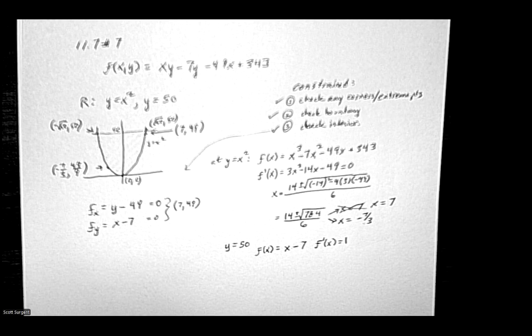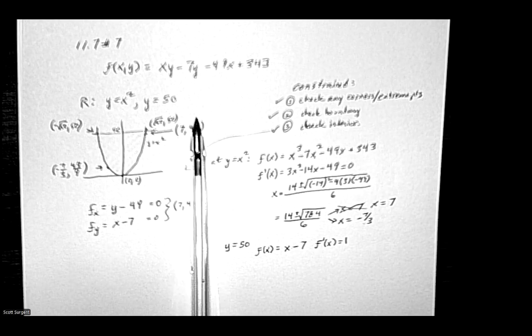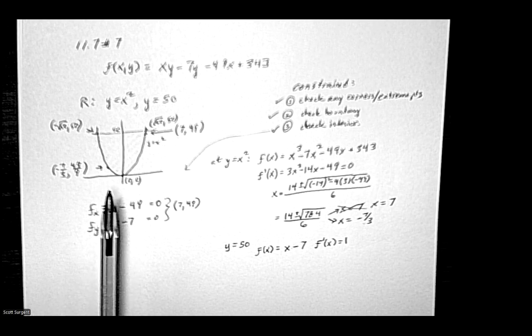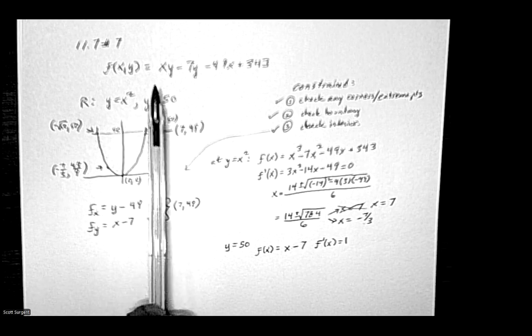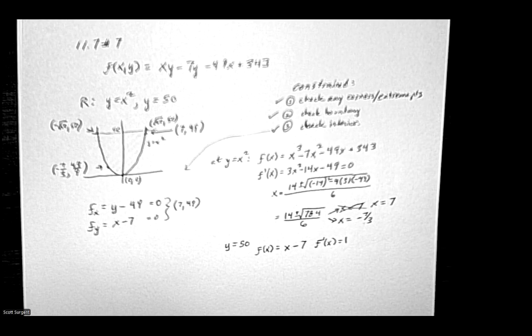All right. I'm just looking at what I wrote down. It seems like it's working pretty good. What you have here is a closed and bounded region. It's called a compact space. It just means closed and bounded. And what that means is that as long as your function is continuous, which this is, over the region, you're guaranteed an absolute min and an absolute max.